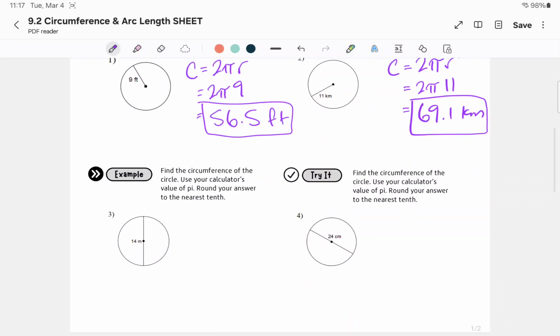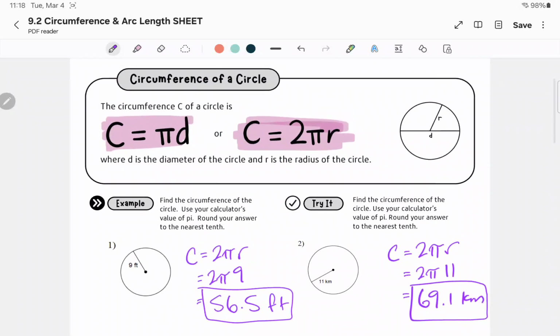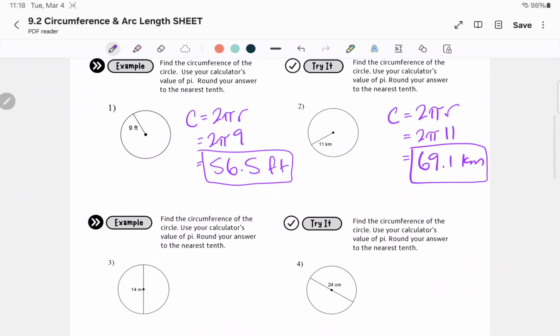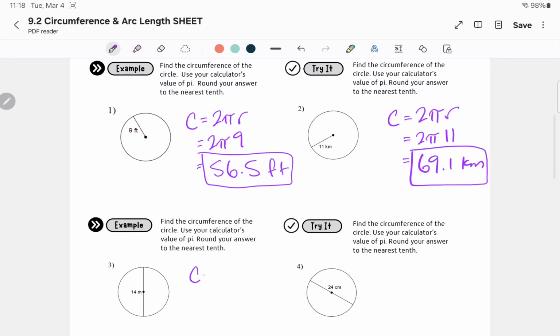So this one is, they're giving us the diameter. Again, look at the picture up here if that helps. Diameter is going all the way across through the center. So this one is the diameter, number 3. So we're going to use the formula with D in it, which is just C equals pi times diameter. Okay, so we're going to plug in 14 for diameter.